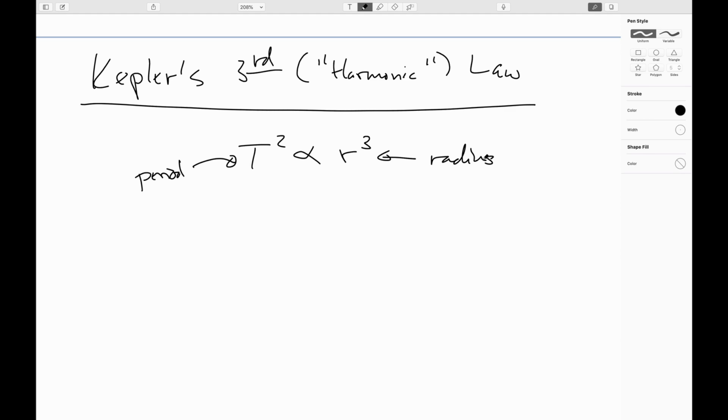His other two laws, just by way of reminder: his first law was observing that planets moved in ellipses with the sun at one focus and the other focus vacant. This is no small feat. The orbit of most planets just barely deviates off of a circle.